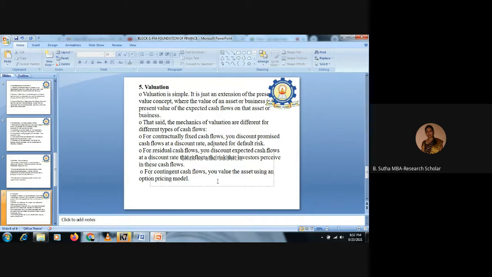For contractual cash flows, we use the promised cash flows and discount them back at a default risk adjusted discount rate. That is how we value a bond: the promised cash flows, the coupons and the face value, at the default risk adjusted cost of debt. For residual cash flows, we estimate the expected residual cash flows and discount them at a rate that reflects the risk we as investors see when we invest in them. To value the equity of contingent cash flows, we need a different tool: option pricing. We'll talk about the basics of option pricing, but if we can't get these three concepts down, we can't value anything.